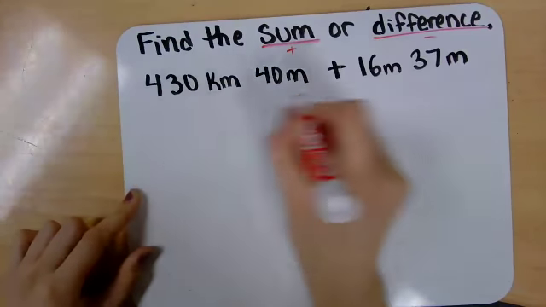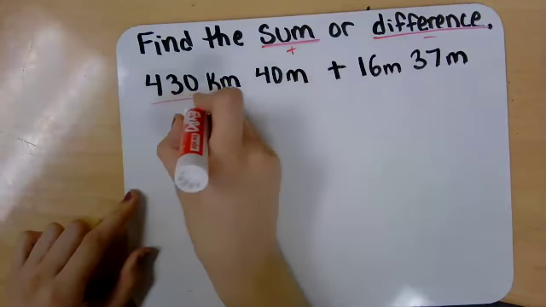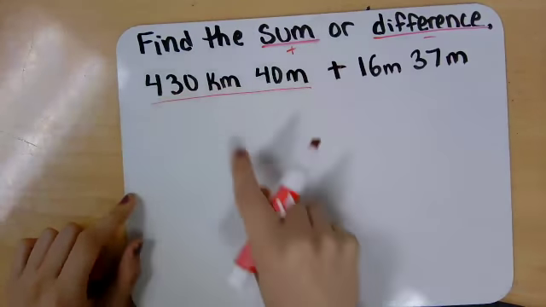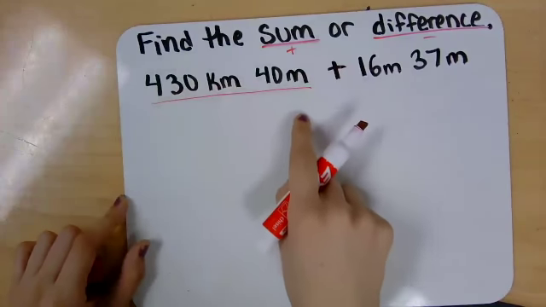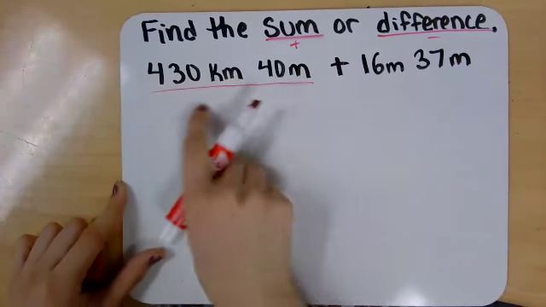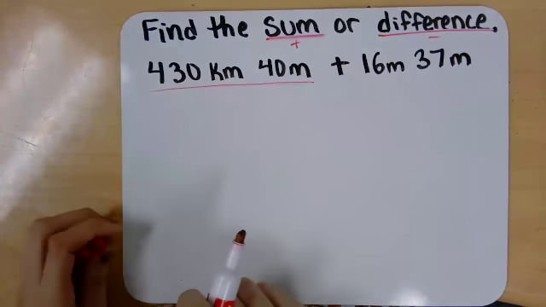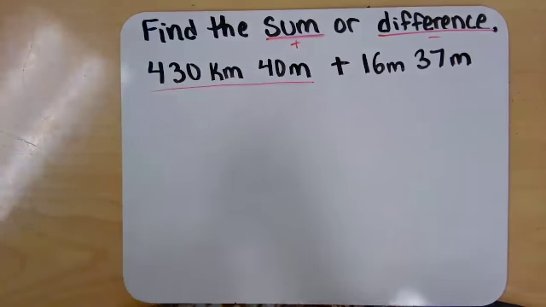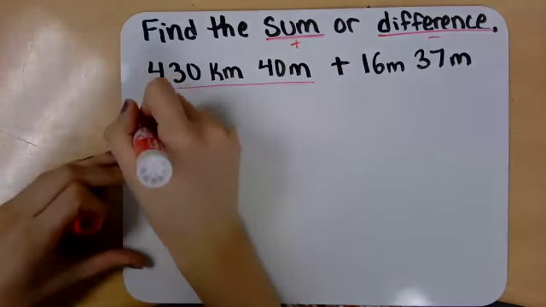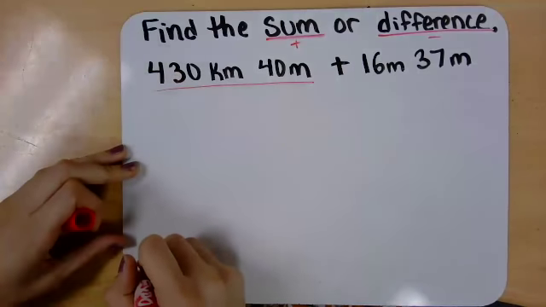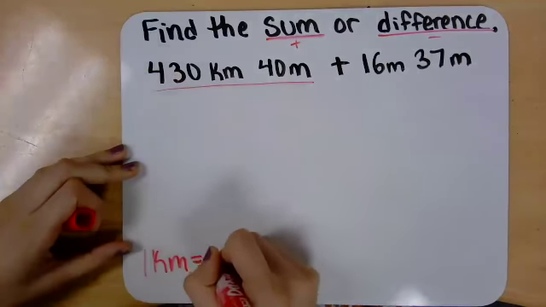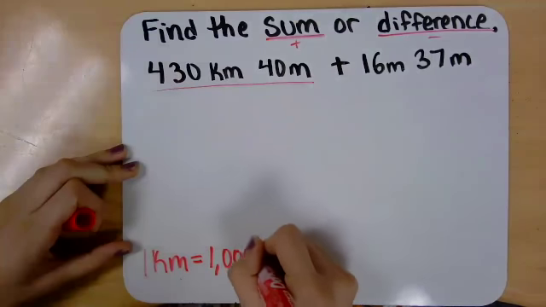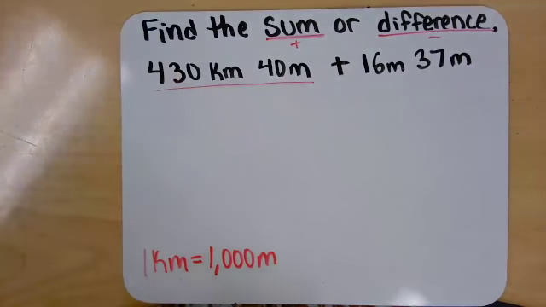So let's start with one side. Let's start with everything on this side. We have kilometers and we have meters. We want to start by making our units all the same. Okay, so remember, we know that there are 1,000 meters in 1 kilometer.